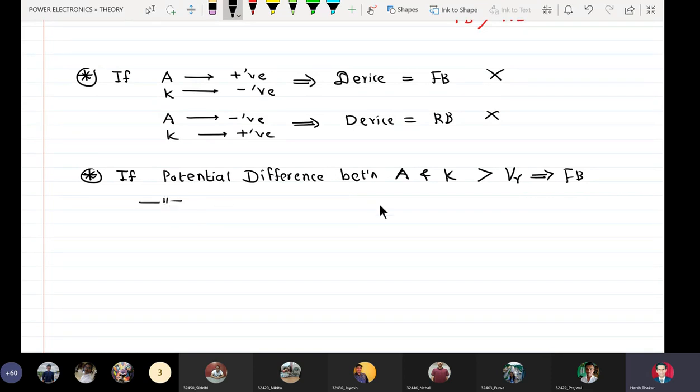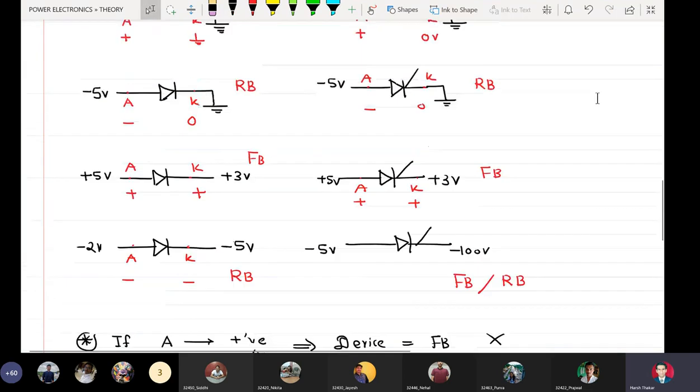If the potential difference is less than the cut-in voltage or it is negative, it is reverse biased.